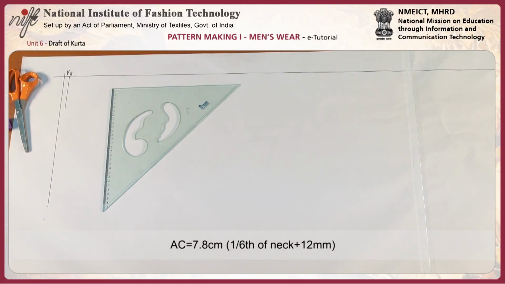A to C 7.8 centimeter, which is 1/6 of neck plus 12 mm.